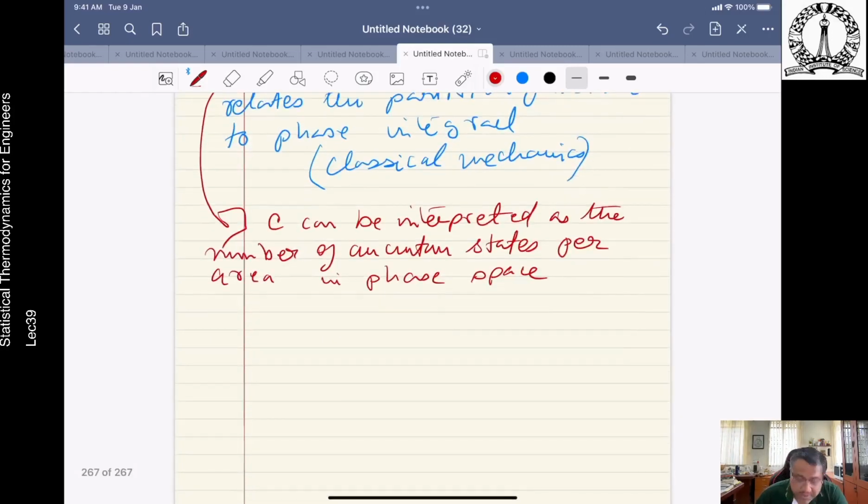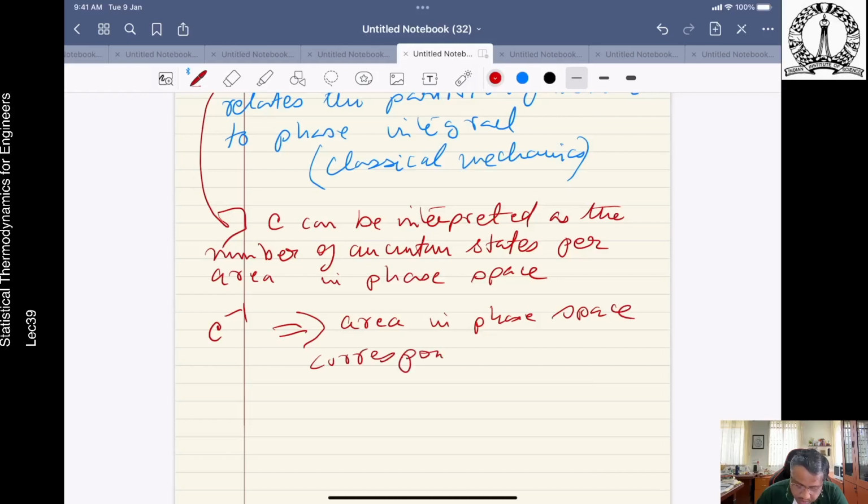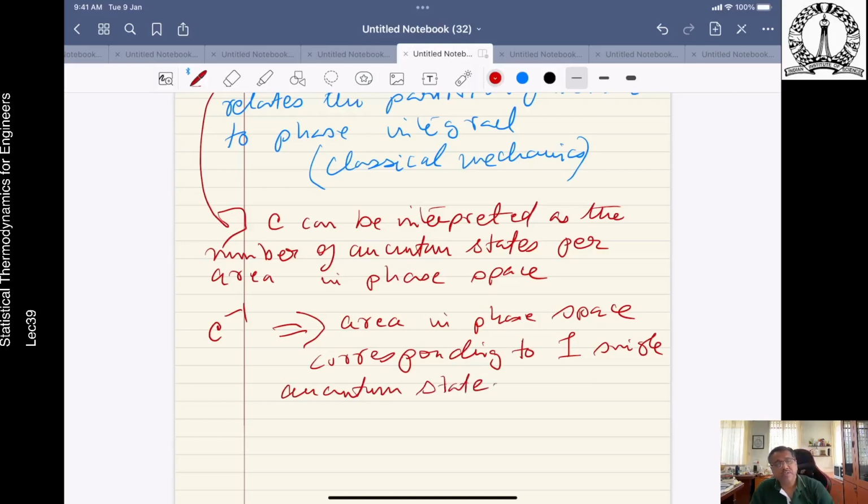So this is the interpretation of C. As a result, C inverse must be the area in phase space corresponding to one single quantum state.